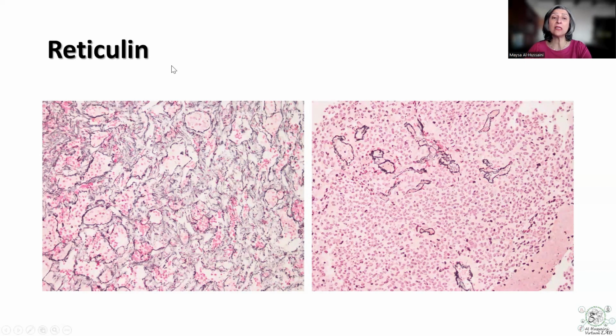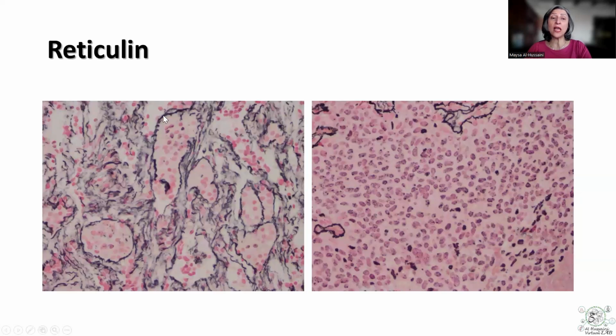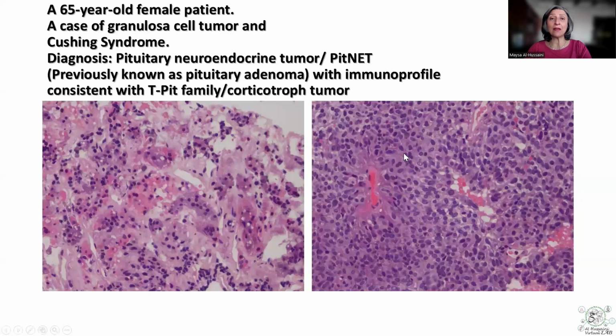This is the reticulin stain of the normal pituitary gland, where it tends really to highlight the nests of the cells, and this is completely lost in the tumorous component. And on high power magnification, again highlighting the nests of the cells in the normal pituitary gland, while the tumor is completely negative.